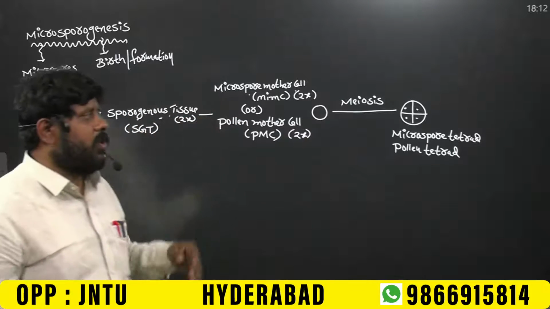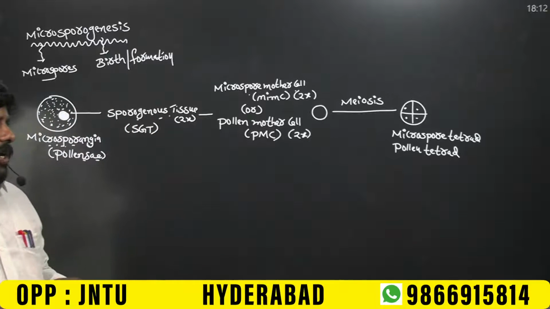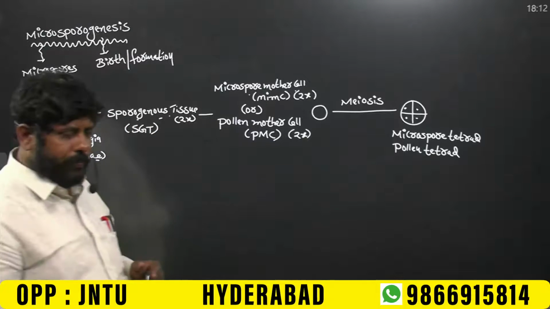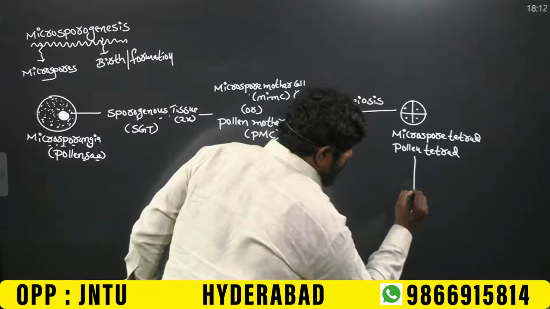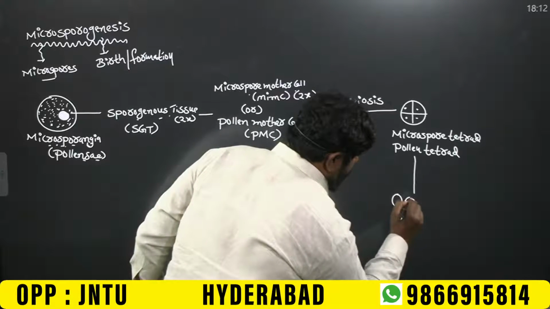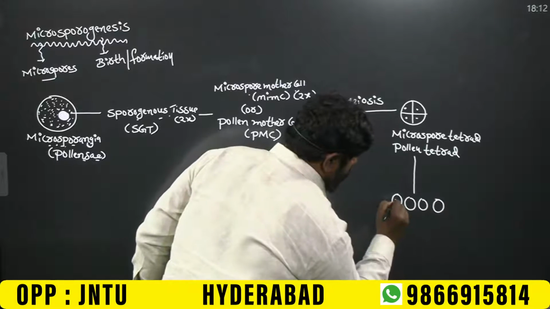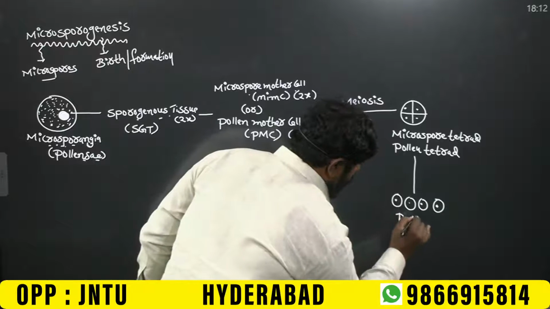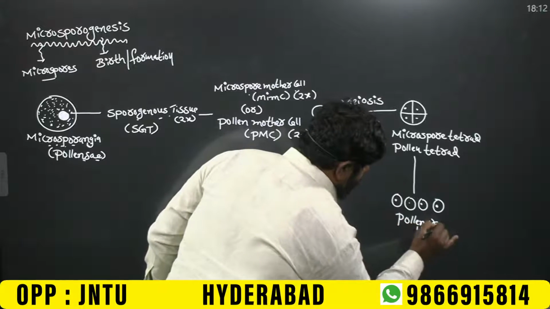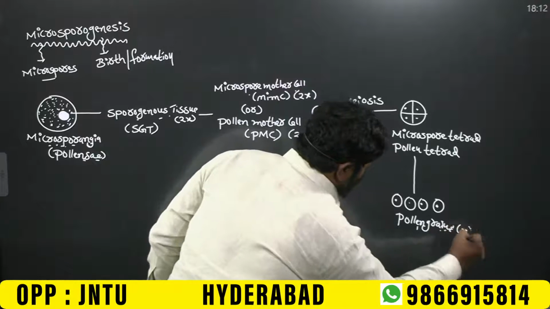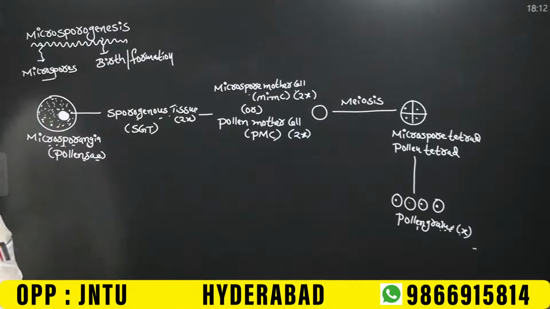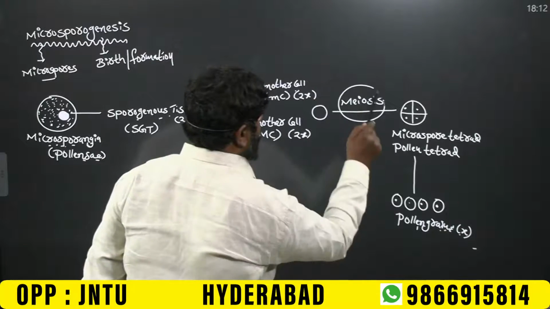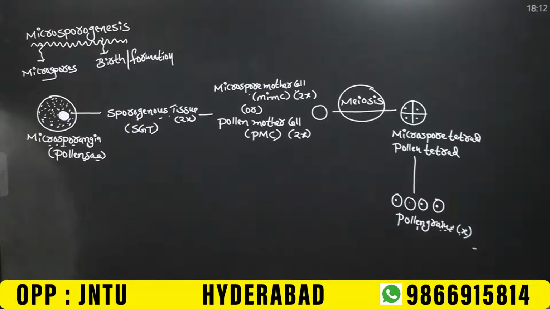After some time, these 4 microspores separate from each other. After that, directly it is called a pollen grain. Actually, pollen grains and microspores are the same. So pollen grains or microspores are the product of meiosis.